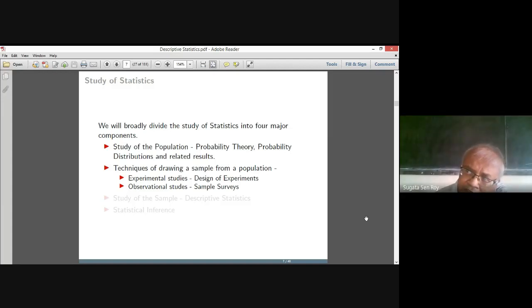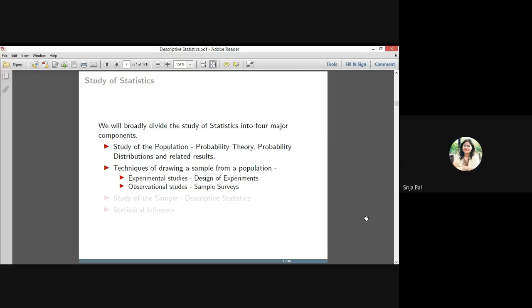But how do you know that this is good enough? Suppose I've got a drug A. How do you know drug A is good for COVID? That it is going to cure people who have COVID. So we have to analyze it.